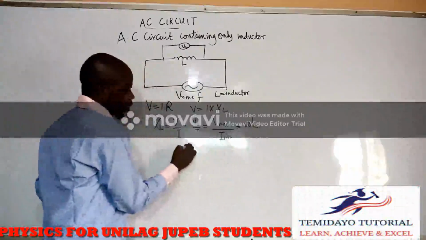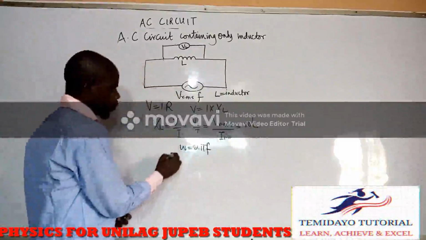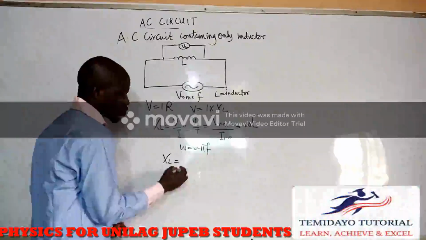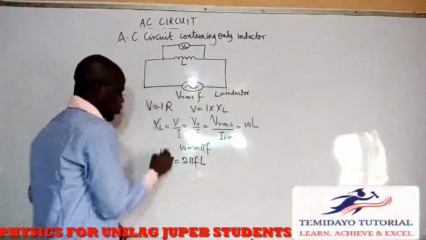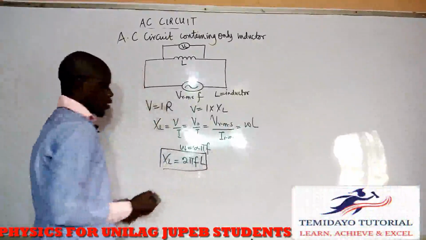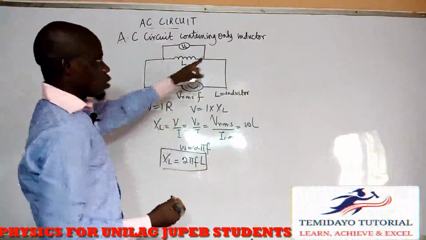Our omega is the same thing as 2 pi f. So therefore, the inductive reactance is equal to 2 pi f L. That is the formula for calculating the inductive reactance for an AC circuit that consists of an inductor only.